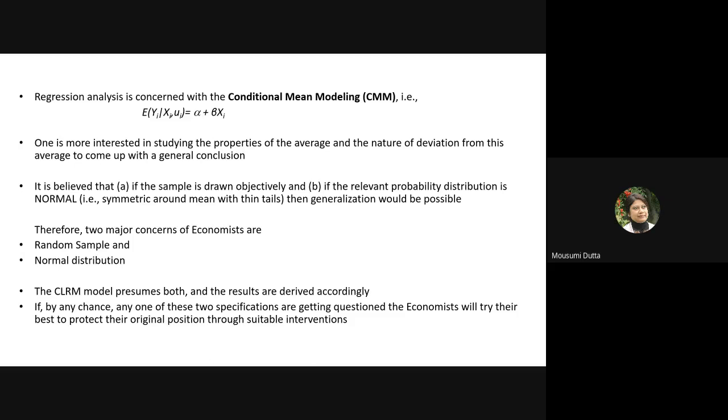For that matter we will be able to tell that whatever we estimated from the sample is truly representing the population, or truly representing the theory. This kind of approach is called conditional mean modeling: expectation of yi conditional, because you are calculating the value of yi given a particular set of observations on xi and naturally given a particular set of random error.